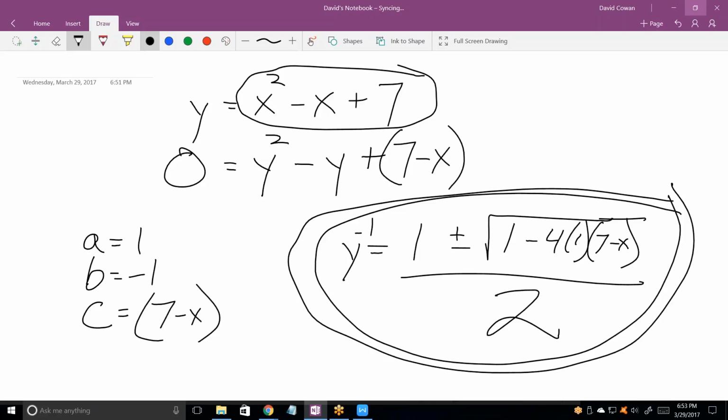It's only taught in, well, honors, maybe pre-calc classes. I halfway expected to run into it in your honors algebra class, but not terribly surprising that we didn't. But this is the way to do it. And it would be the same if it was x to the fourth. Whenever you have odd powers, you can do it the normal way. But when you end up with a quadratic in y, you have to do it this unique, special way.